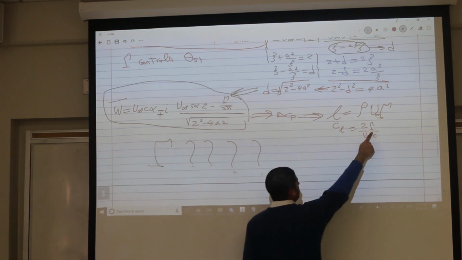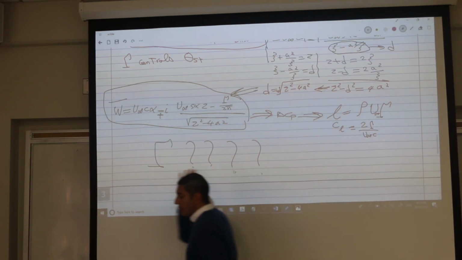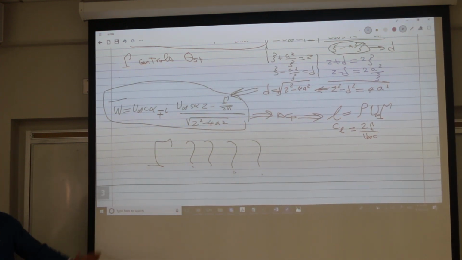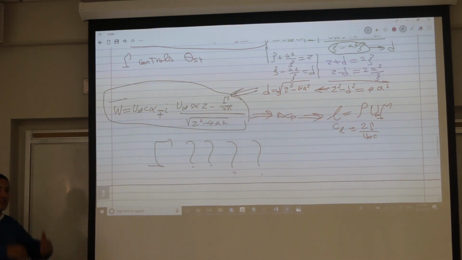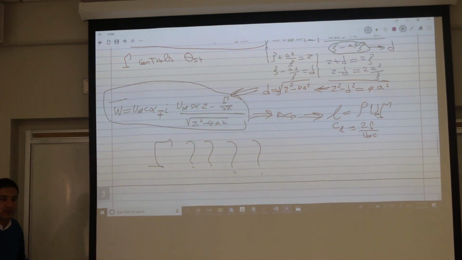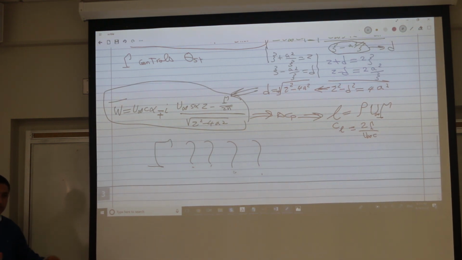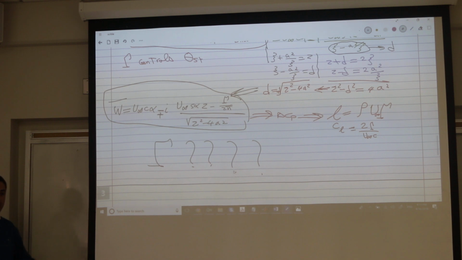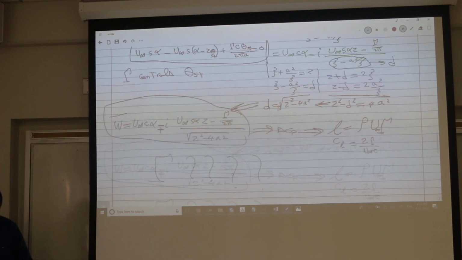Here is your lift coefficient, and I want to know this gamma. The theory itself doesn't provide any means of determining gamma. In fact, it didn't even feel the existence of gamma, and I had to add it deliberately, intentionally. I had to impose it. The theory did not identify the existence of a circulation from the beginning.